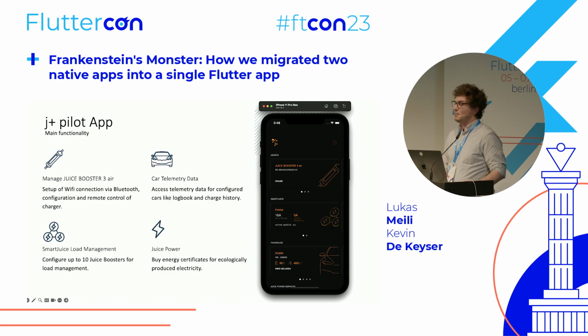That would be car telemetry data, which is like a logbook for your car, or charge history as well. And there's Choose Power, which is to buy energy certificates for ecologically produced electricity.